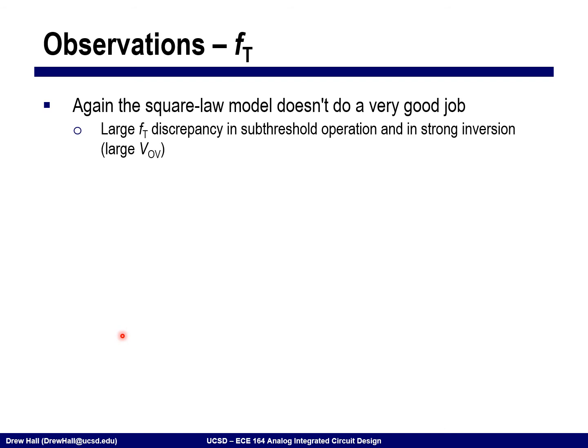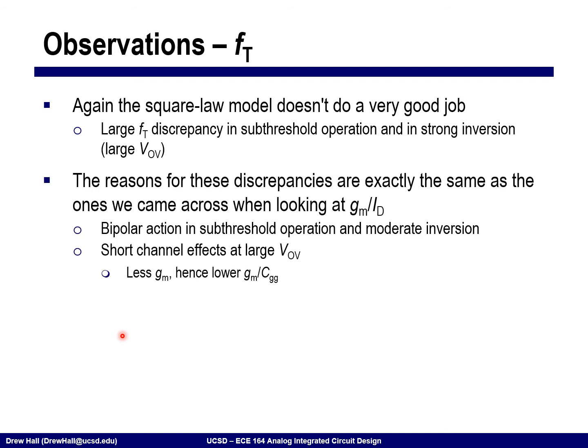So some observations from this plot. Again, the square law model did not do a very good job, especially in subthreshold and in strong inversion. We saw very large discrepancies. The reasons for these are exactly the same ones that we've already discussed when we were looking at GM over ID.